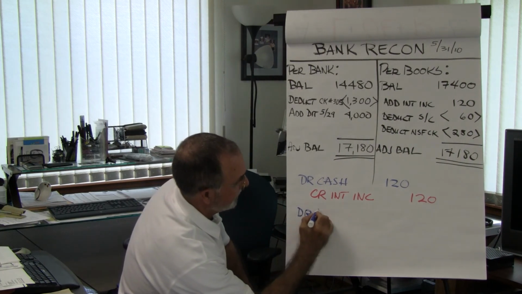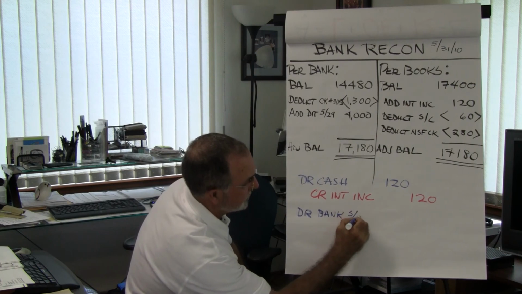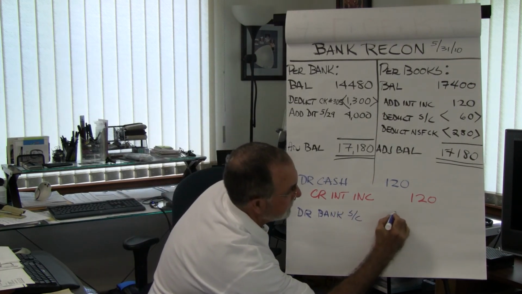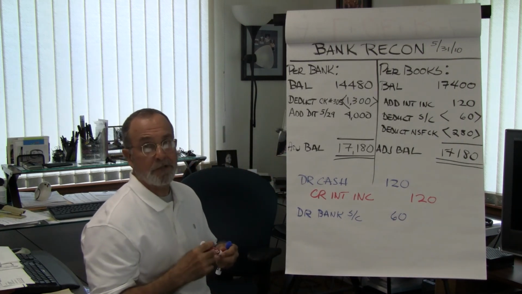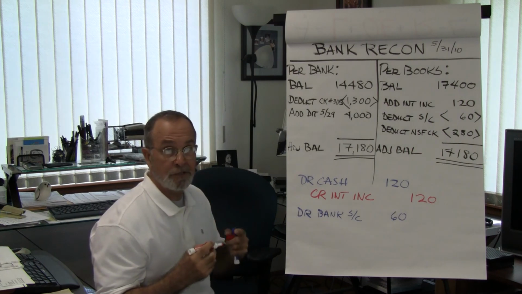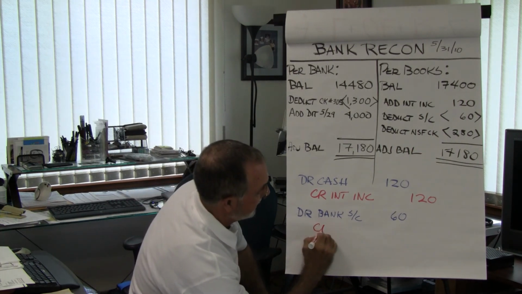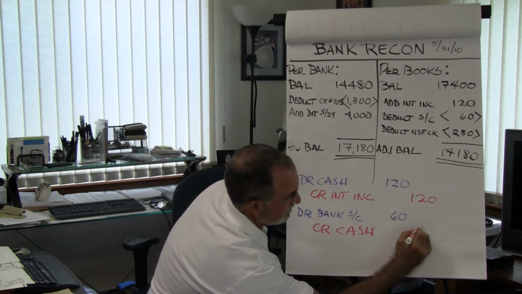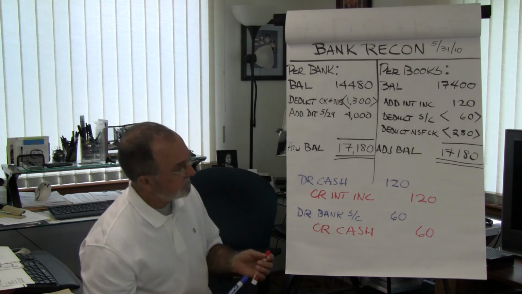That is a debit to bank service charge, which is an expense account, and that's for $60. And our credit, since our cash balance is being reduced by that service charge, our credit is to cash. When we credit cash, we reduce the cash balance.